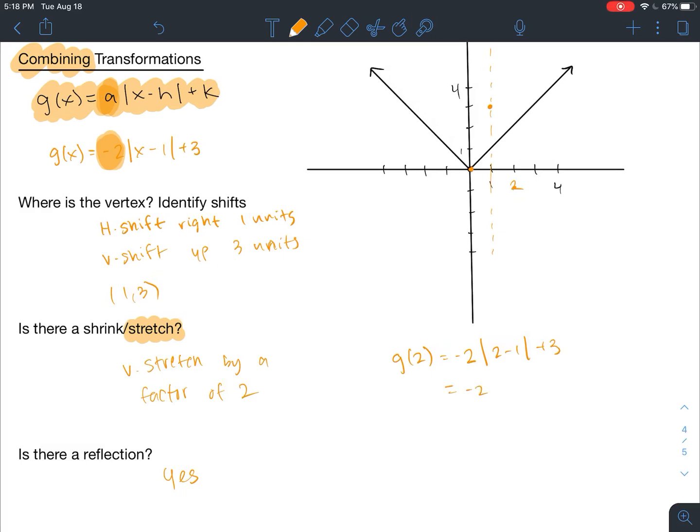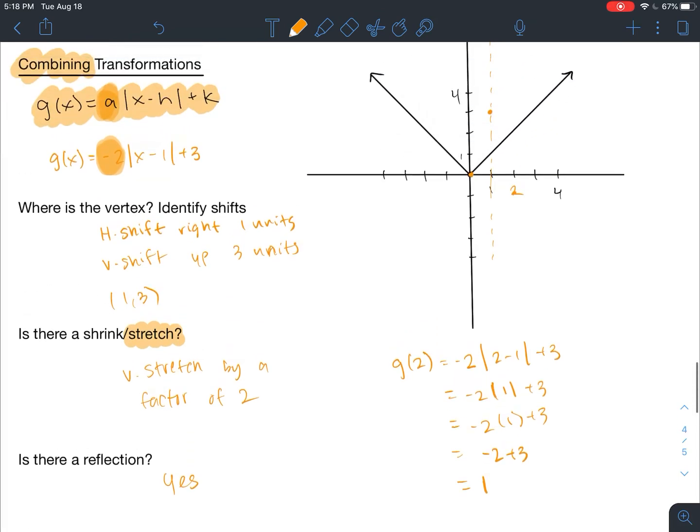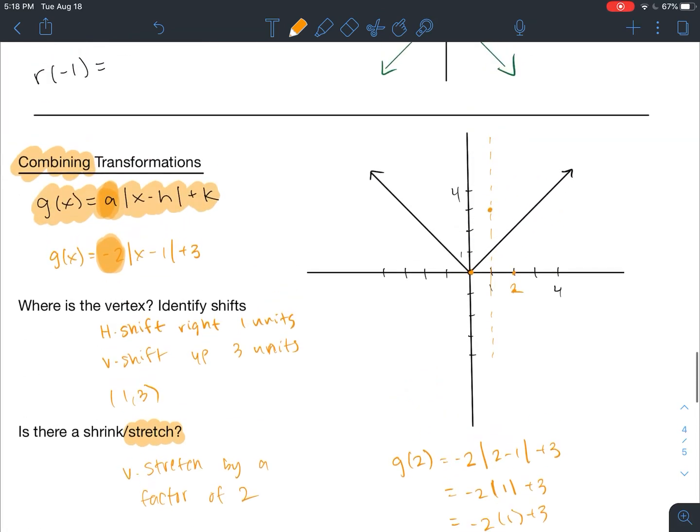That's negative 2 times 1, since 2 minus 1 is 1, plus 3, and the absolute value of 1 is 1. So then we have negative 2 plus 3, and we get 1. So when x is 2, y is 1 right there.